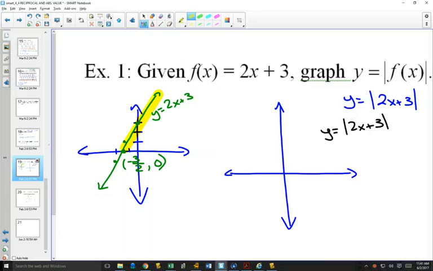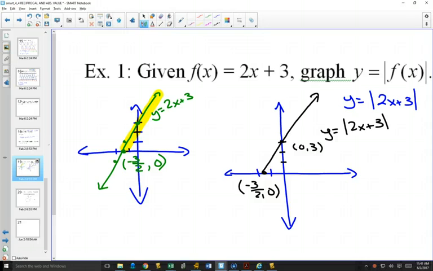If you do the absolute value of them, nothing's going to change. So that's why it was important for us to find our x-intercept because this part of our graph is not going to change.